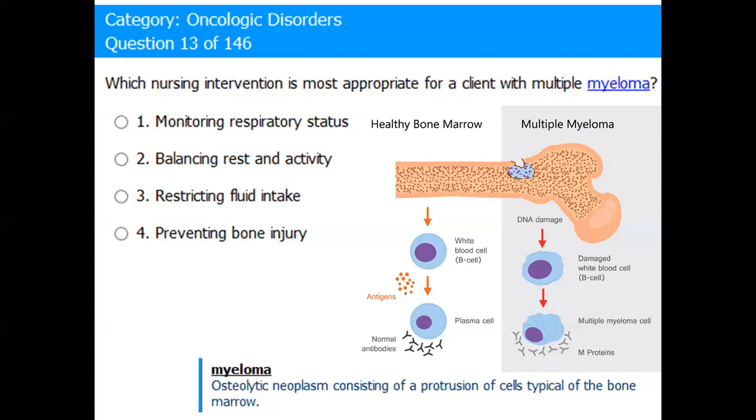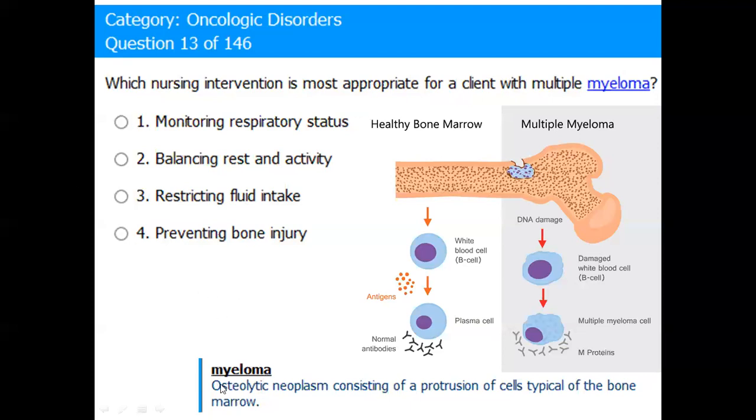We could monitor the respiratory status, but if the patient has multiple myeloma, meaning cancer of the plasma cell in the bone marrow, it's important to prevent the bone injuries.